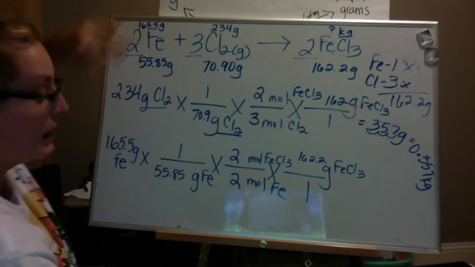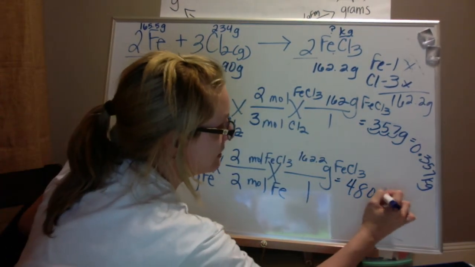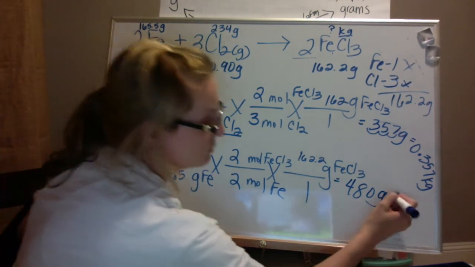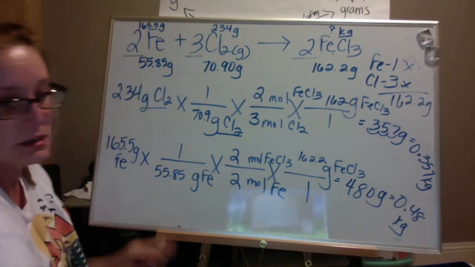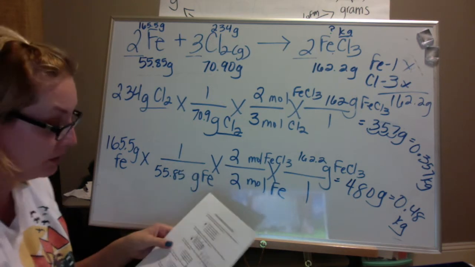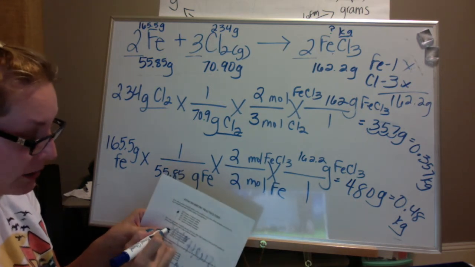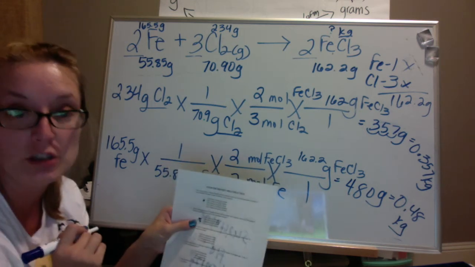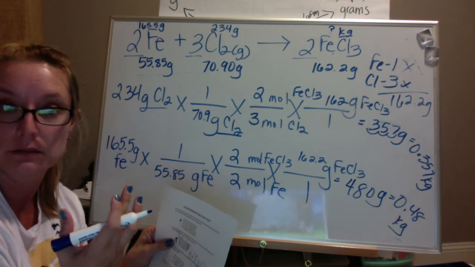Okay? When I work this math out, I get 480 grams, which equals 0.48 kilograms. Does that show up in your list? Look at your multiple choices. Yes, 0.48 kilograms of iron chloride shows up. So either one of those could be correct, okay?